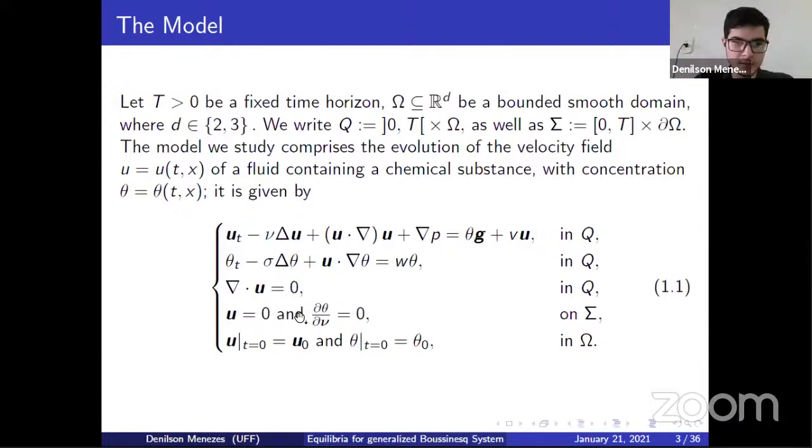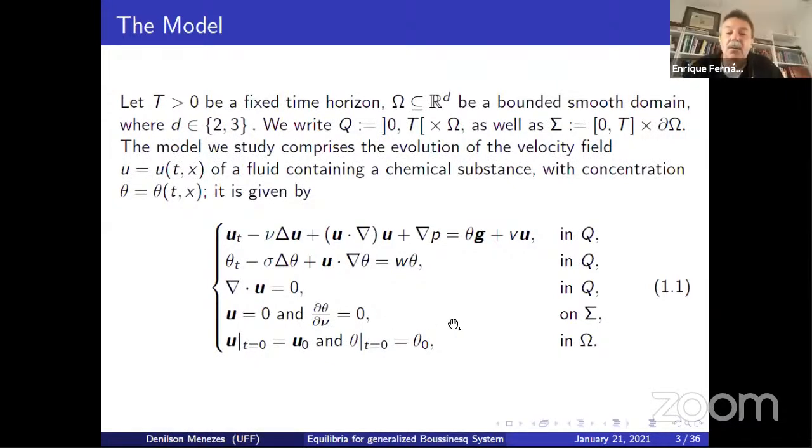We consider this condition or boundary conditions. So I don't know if I understand the question. Yes, you have imposed Dirichlet condition on U and Neumann condition on theta. On theta, okay? Yes.